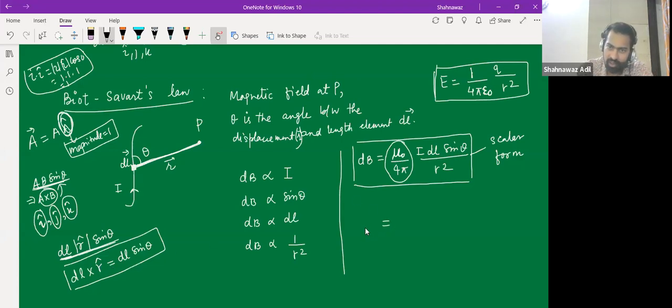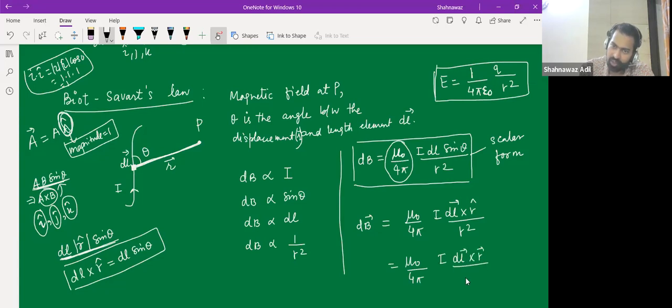So I can write dB vector as mu naught by 4 pi I dl cross r hat and then r square. Okay, so you guys tell me if I'm writing it correctly or not. I can write this as I dl r vector divided by r.